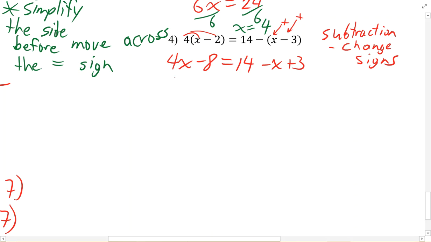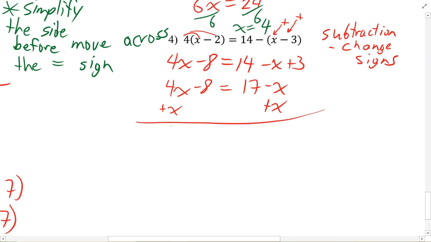So let's simplify the left side. 4x minus 8 equals 17 minus x. Let's move this minus x. How would we move it? What's the opposite? Plus x, and keep it equal, plus x. And so we're left with 5x minus 8 equals 17.